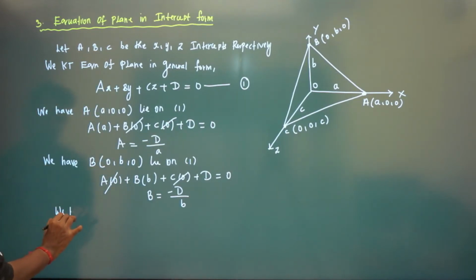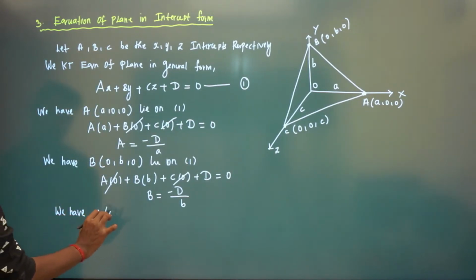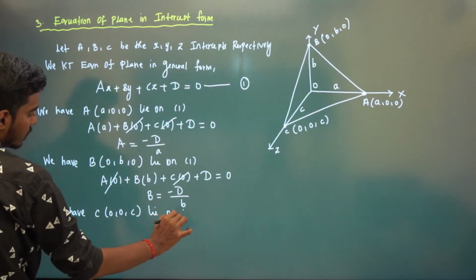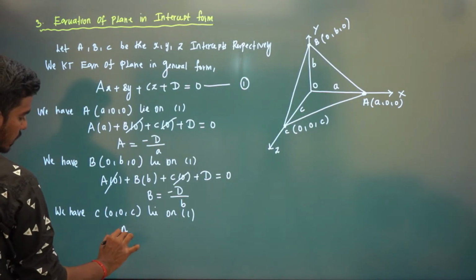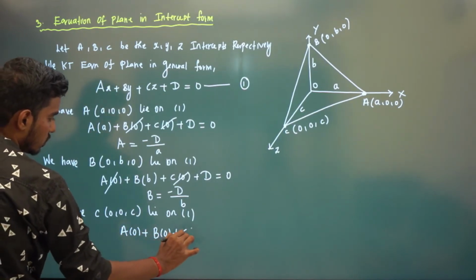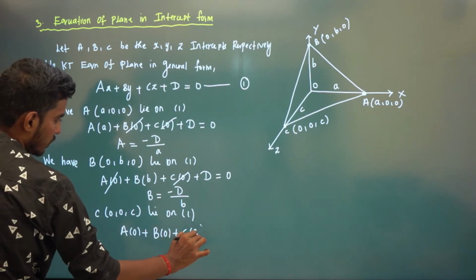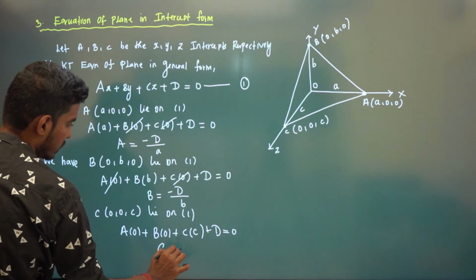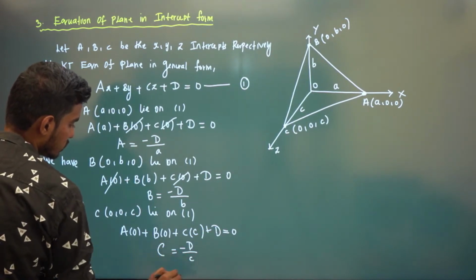And similarly we have the point (0, 0, c) lies on 1. So we have A into 0 plus B into 0, C into c plus D is equal to 0. So we have capital C is equal to minus D divided by small c.